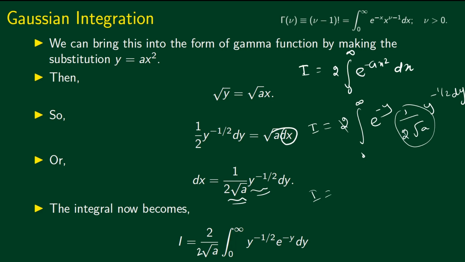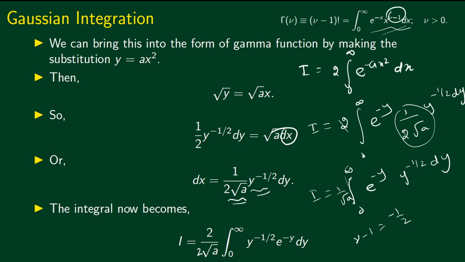So I is equal to 1 by square root of a, times integral 0 to infinity e raised to minus y, y raised to minus half dy. Now we see that this has the form of a gamma function. So we can compare it with the definition, the integral that defines the gamma function, and we see that they are exactly the same with nu minus 1 equal to minus half.